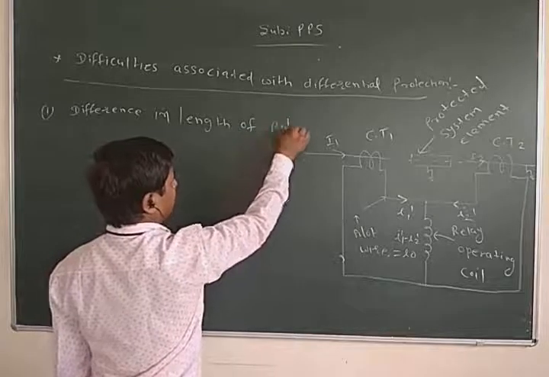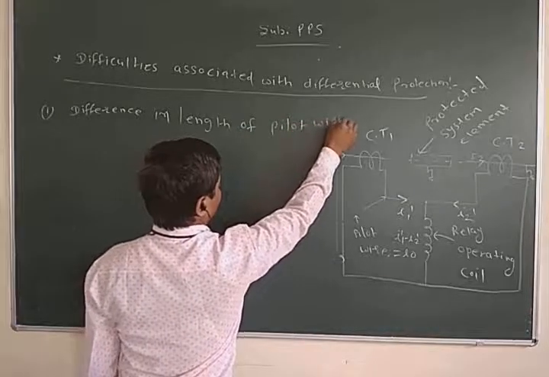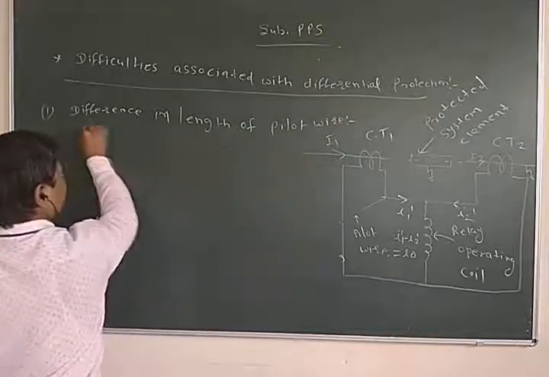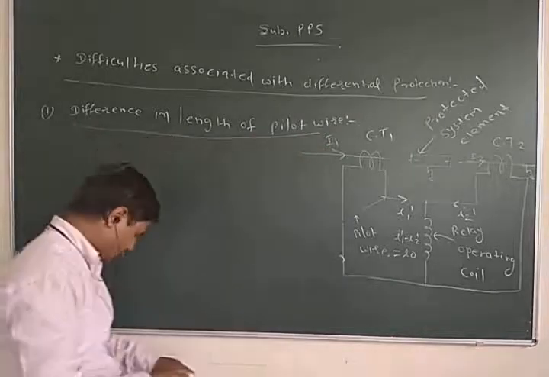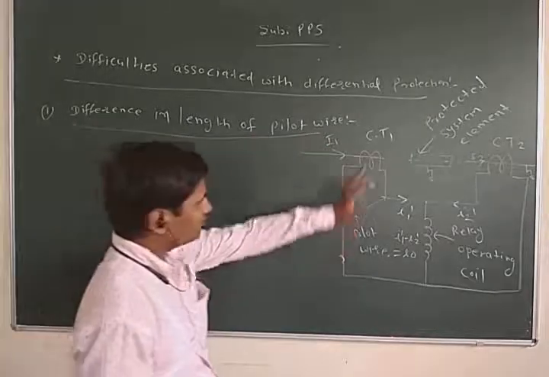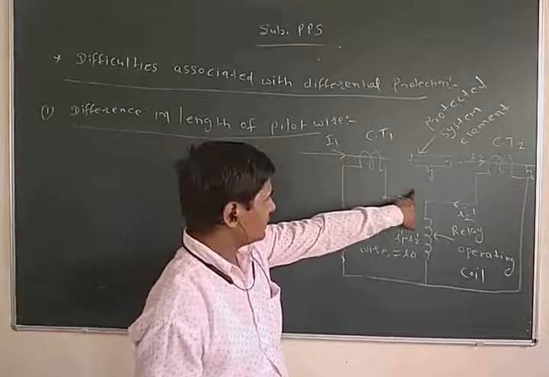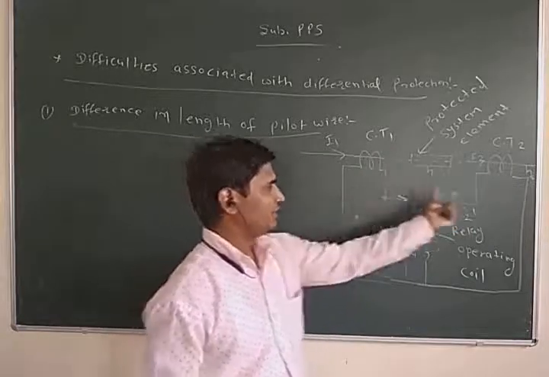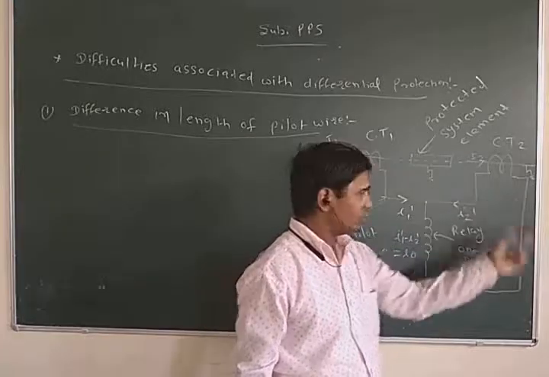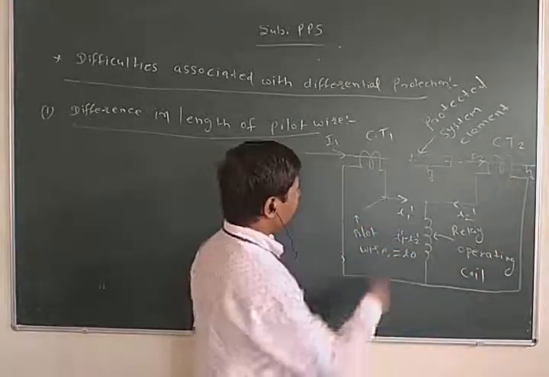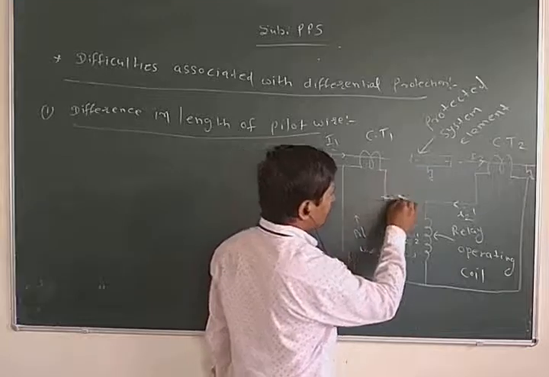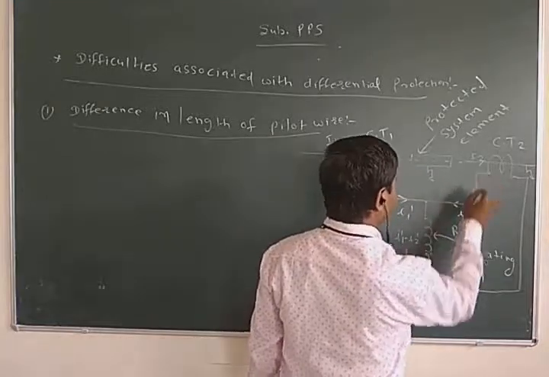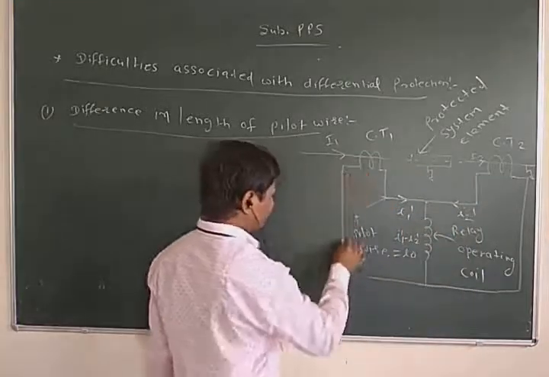Now we discuss this. Pilot wires are the wires which are used to connect the outputs of the CTs, CT1 and CT2. So these wires are known as pilot wires. Similarly, this is also a pilot wire.